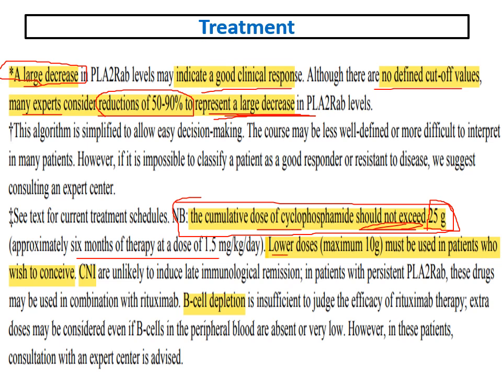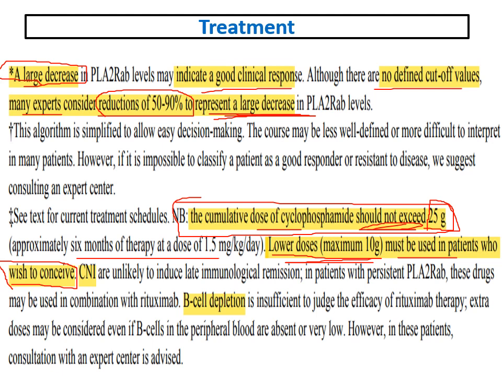A lower cumulative dose of maximum 10 gram must be used in patients who wish to conceive. Very important to discuss with your patient, especially if young and wanting to conceive.